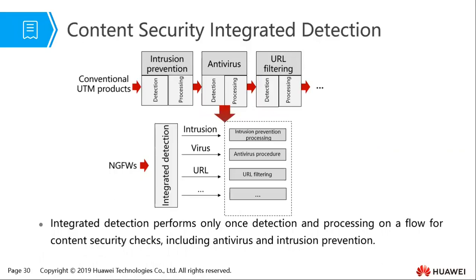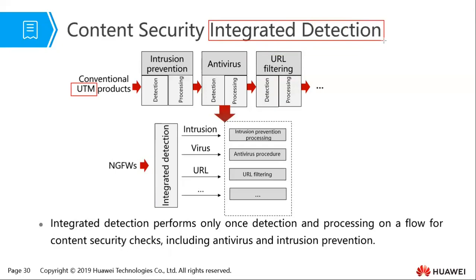Now, content security integrated detection. When we were looking at the history of firewalls, we talked of the Unified Threat Management, UTM, and we said one of the things that it brought was integrated detection.